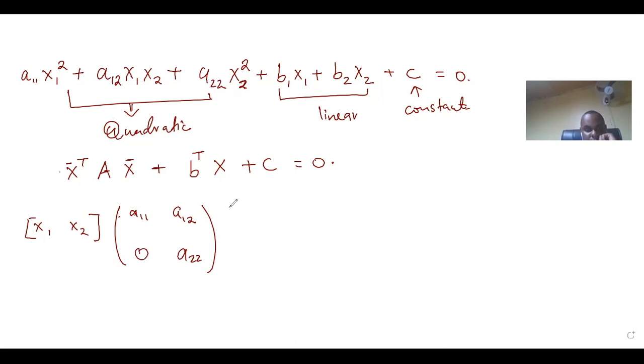And then he wrote A11, a half A12, then a half A12 again, then A22. Yeah, so this is a half A12, a half A12. And now if you multiply, this gives you the quadratic part.